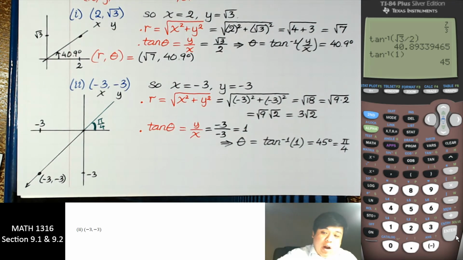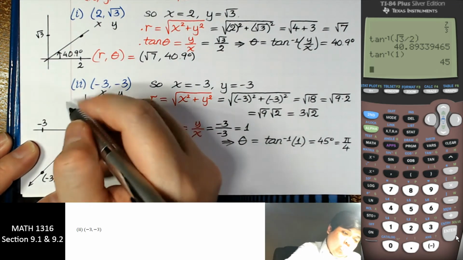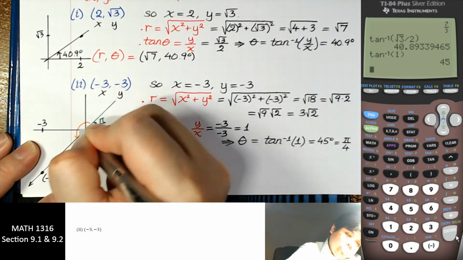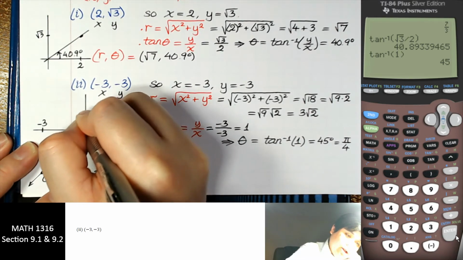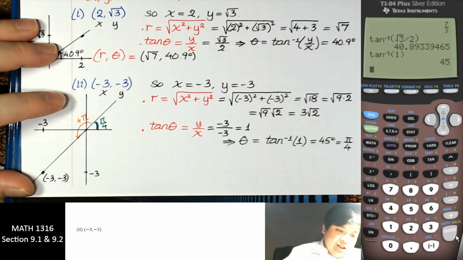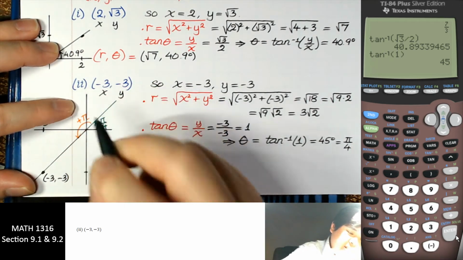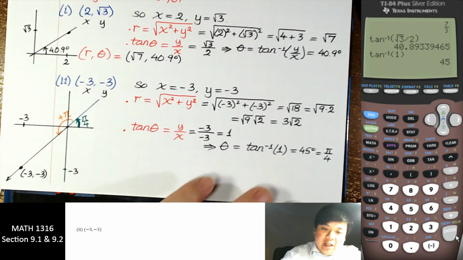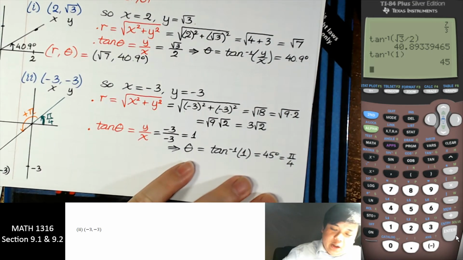To get into the right quadrant, what we have to do is add a pi to it. So in that case, we're just going to add a pi to it.